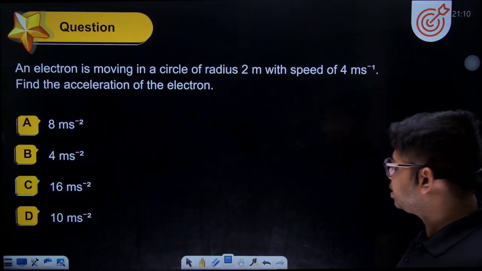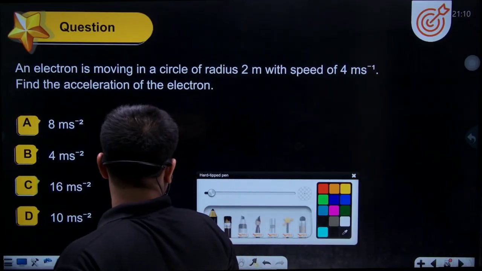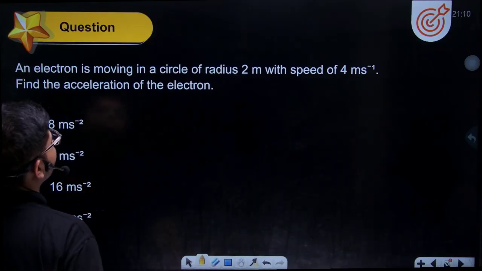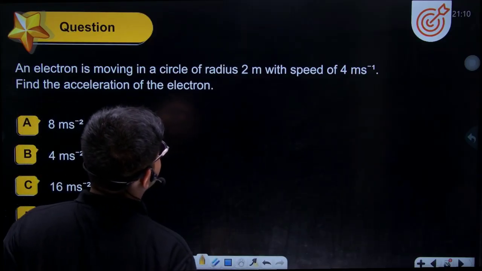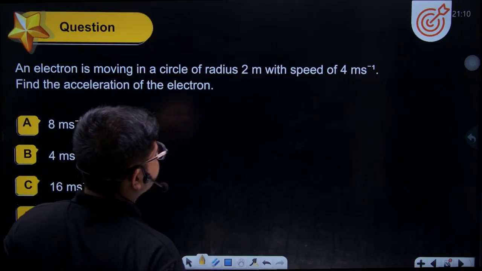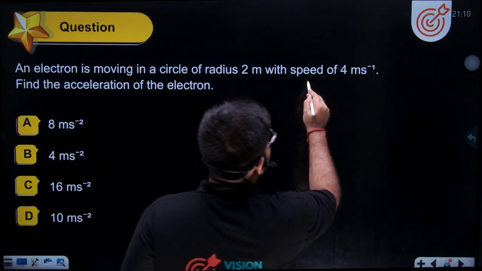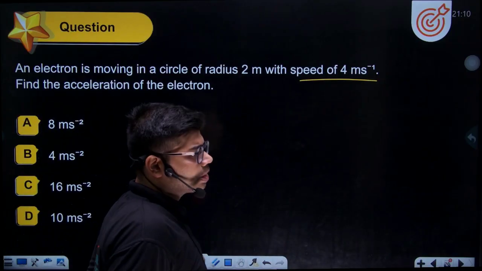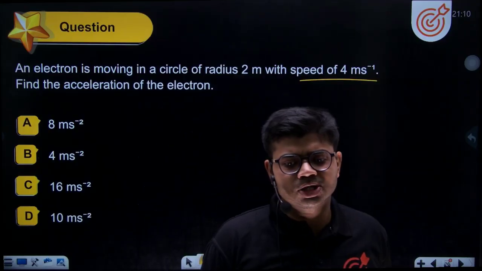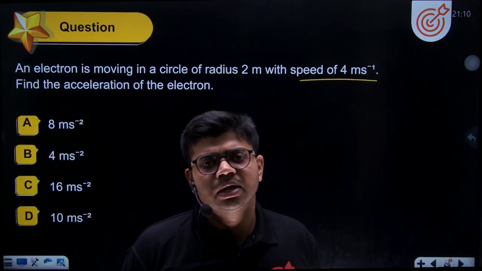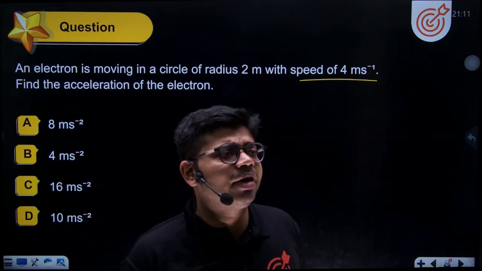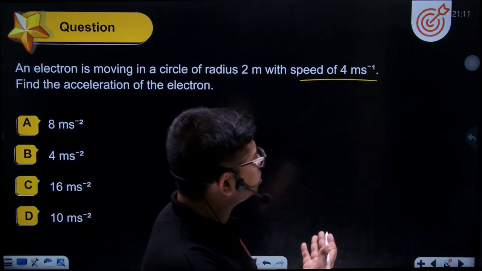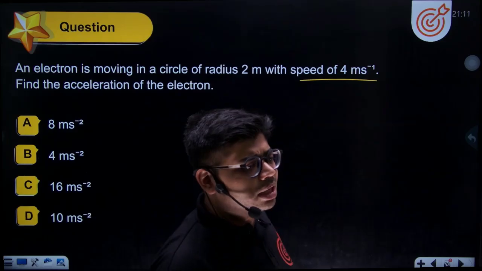Okay. Now they are asking that an electron is moving in a circle of radius 2 meter with a speed of, so the speed is you see constant, 4 meter per second. So have they said that the speed is increasing or something? No, they haven't said anywhere that the speed is increasing. So it's a constant speed. Constant speed का मतलब क्या है?